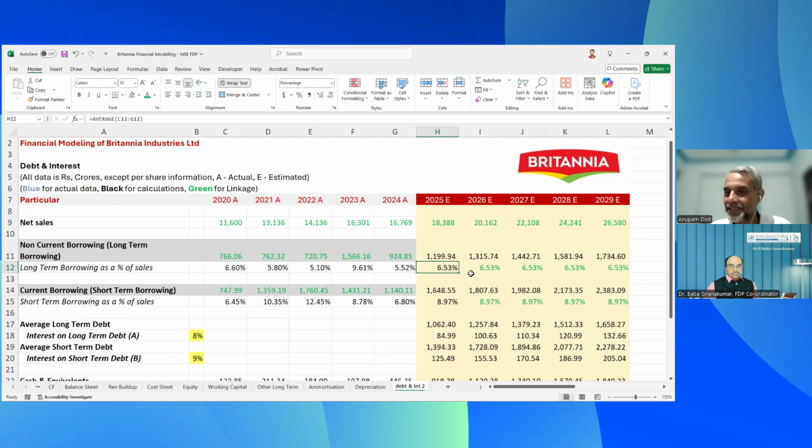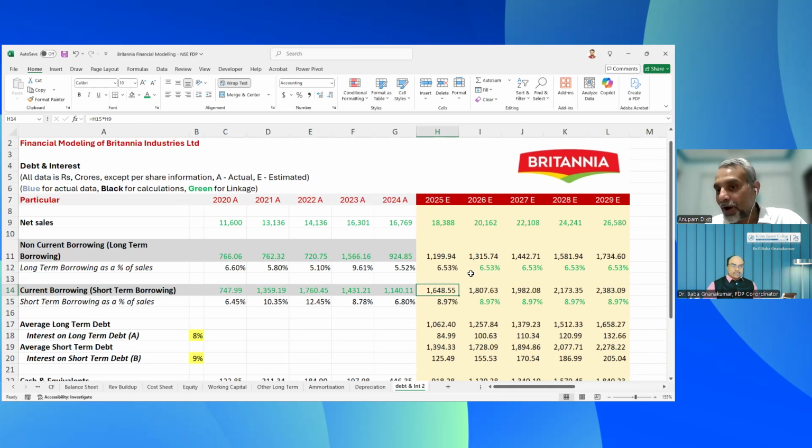So we get this value. Similarly, for short-term borrowing also, we have used short-term borrowing as a percentage of sales. We have reverse calculated those values and taken them to the balance sheet.